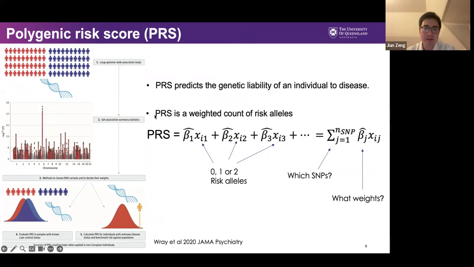So this PRS is a linear combination of the genotypes weighted by the SNP effects. So the key questions in this equation are which SNPs should be included and what are their weights.